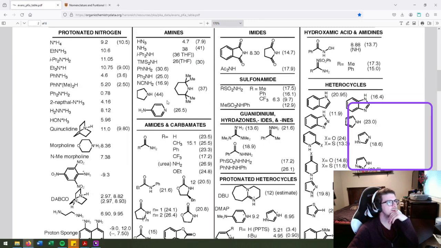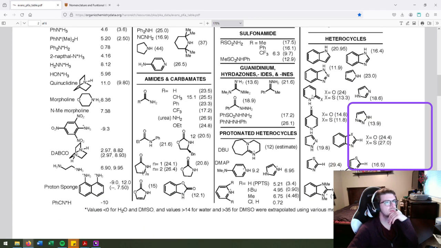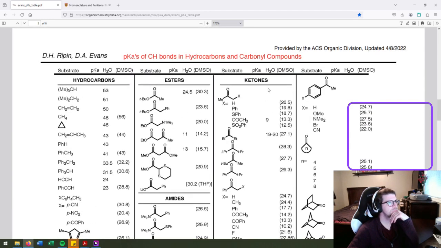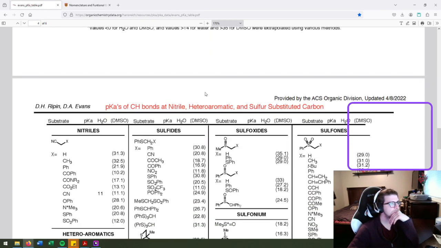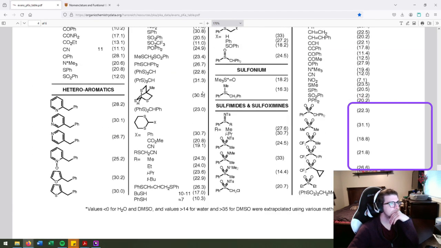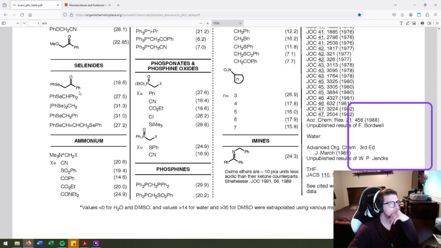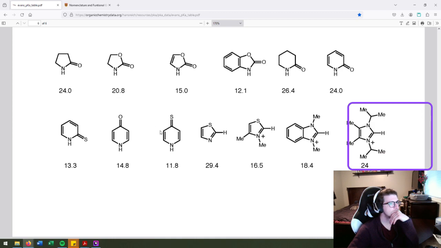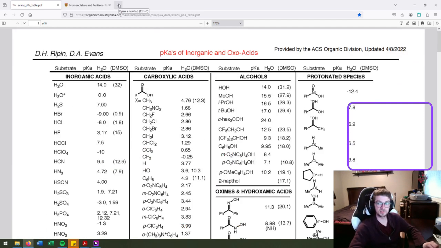So that's not particularly useful at the moment. It's got one but not the other. Okay, so this pKa table doesn't actually have it.